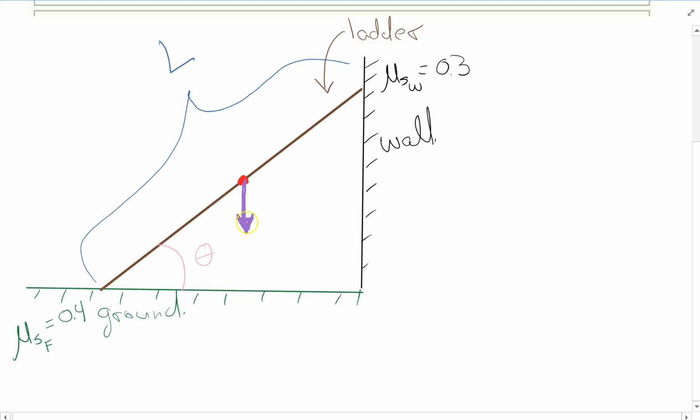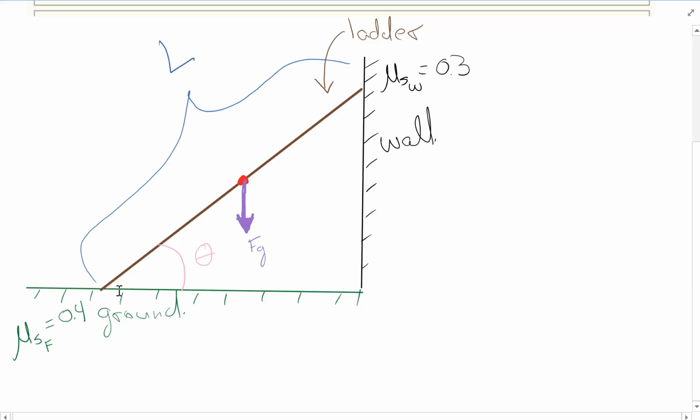So I'll call that FG to make our lives easy. And the second place that forces come from are contacts. So there are two major contact places, right here at the wall and right here at the floor. I'm going to start with the floor.